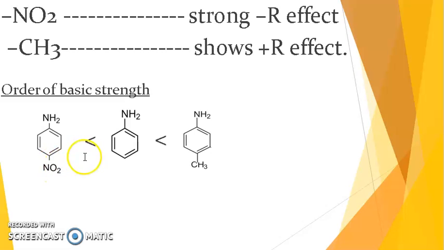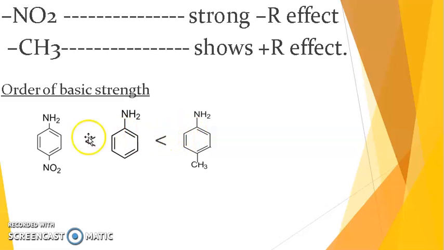But here NH2 gives more electron density to the ring, so it has more basic nature than the nitro group. So the most basic is this group, the second one is this group, and the third one is the nitro group.